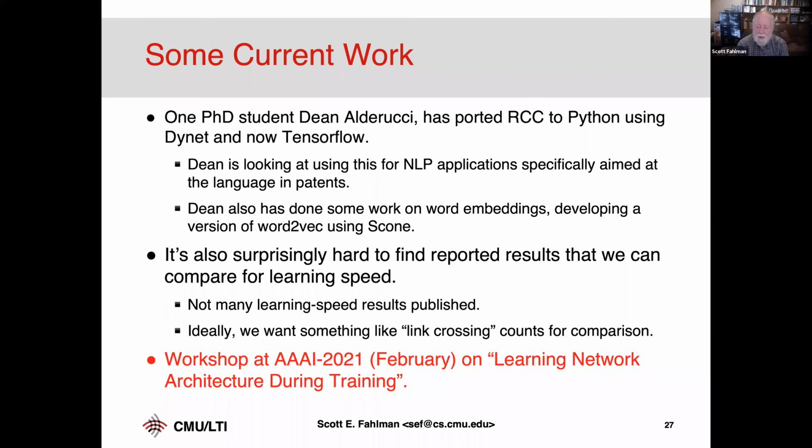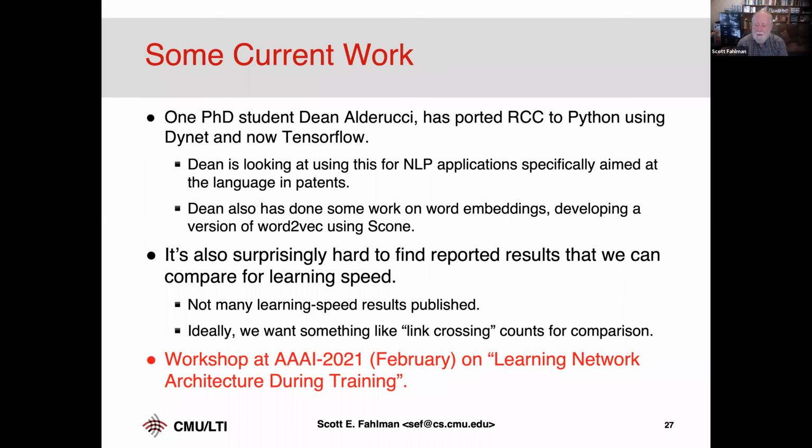Now, I think we can use something like this link crossing measure to compare the time required on very different machines. Almost all the time in all these architectures goes into dot products, basically. So if we know the number of multiply add steps in all those dot products, that's a very good surrogate for the total time required.